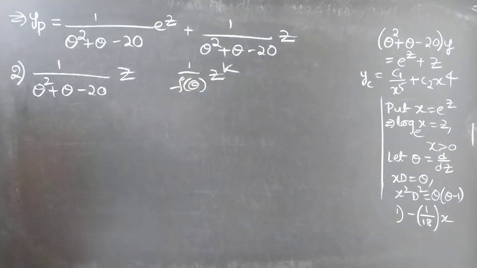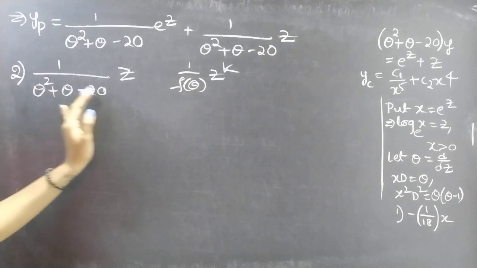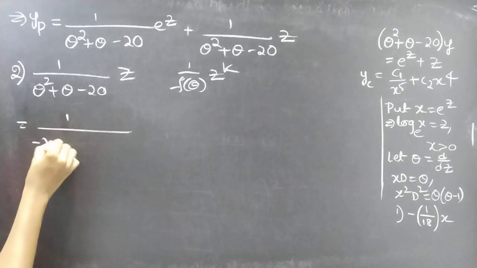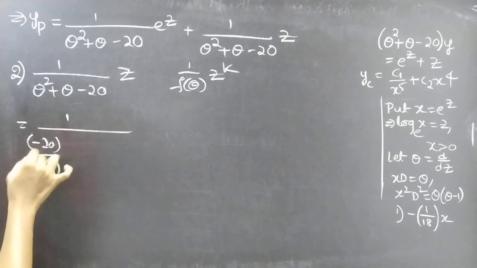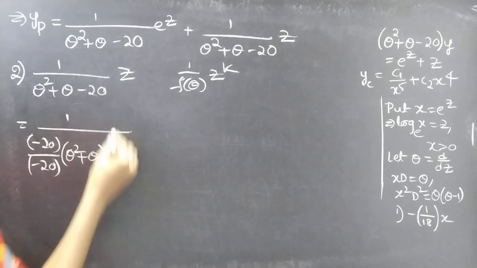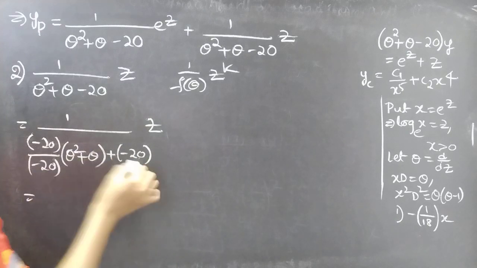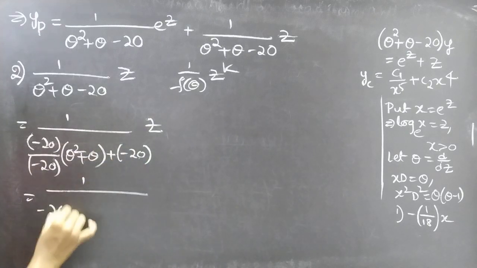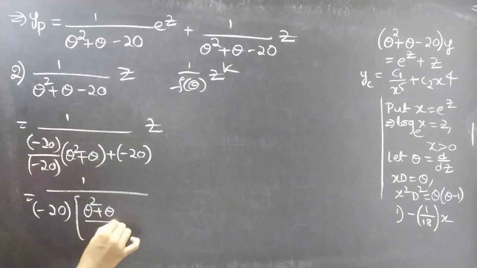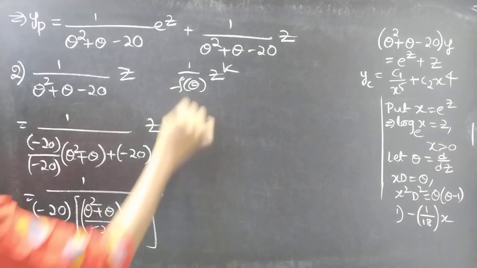So here we are having the lowest degree term minus 20 in the denominator. So let's take minus 20 common from all the terms, right? But for the first two terms we don't have minus 20. So let's multiply and divide minus 20 to the first two terms for our convenience, so that it will be easy to take common. Okay, and we'll write minus 20 as plus of minus 20 into z. Now take minus 20 common from these two terms, we'll get 1 by minus 20 into theta square plus theta by minus 20 plus 1 into z.